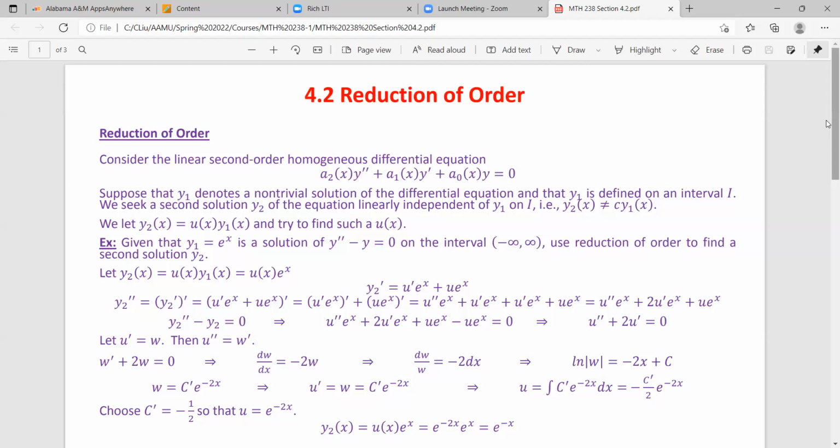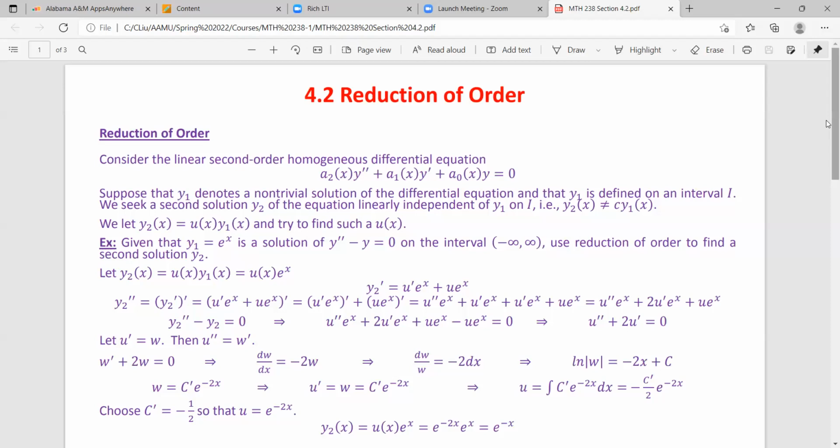And for the second part, namely the derivative of u times e to the x, we already did it when we differentiated y2 prime, okay? So basically, u times e to the x is just y2. So we already got it in the first step.